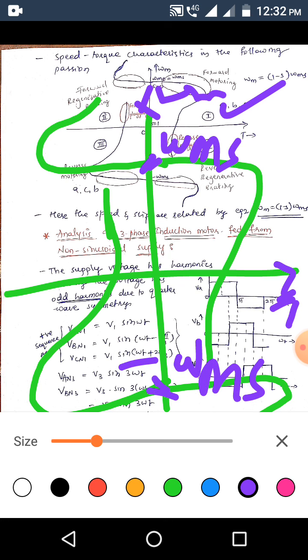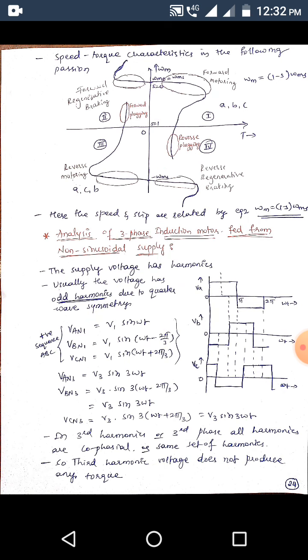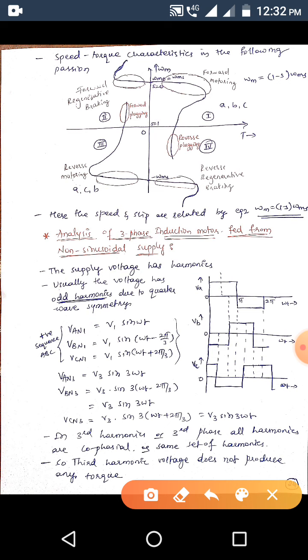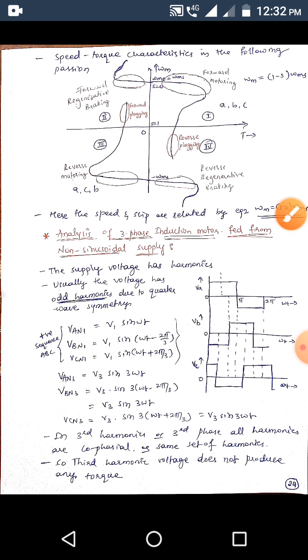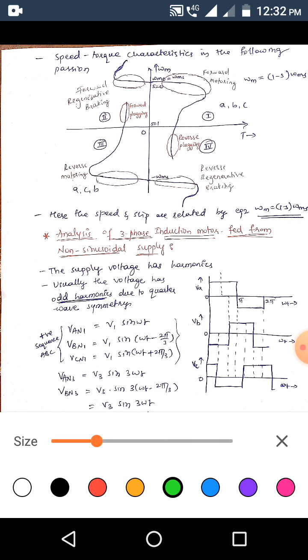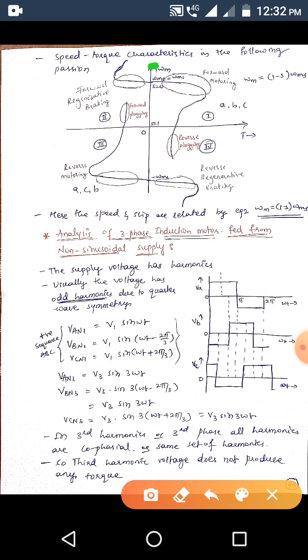So we have the slip 0 in the no load speed and slip 1 here.